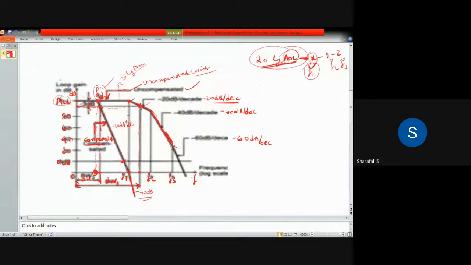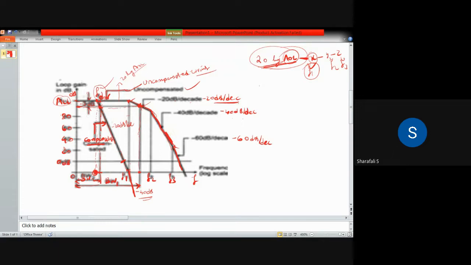You can see from this figure the decrease of the gain is not linear, so it is not a good response. But with the compensated network, the decrease has a constant rate, or the slope is constant, so it has a good response with respect to frequency. That is the first important thing we have to notice.